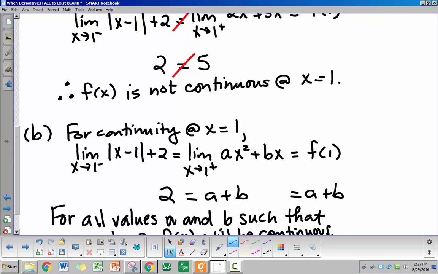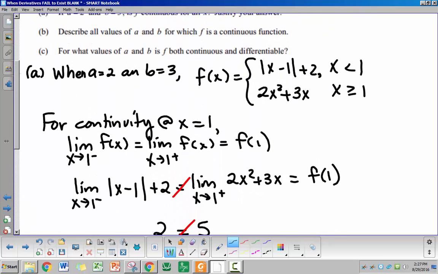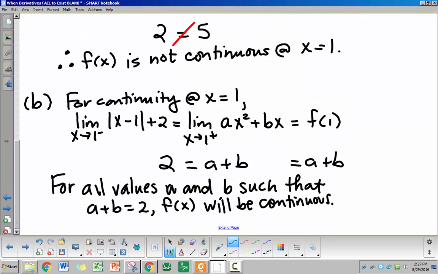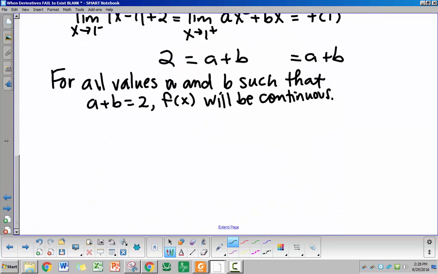What does part C say? For what values of a and b is f of x both continuous and differentiable? So what has to be true at 1? Okay, for part C, let's come up with f prime of x.